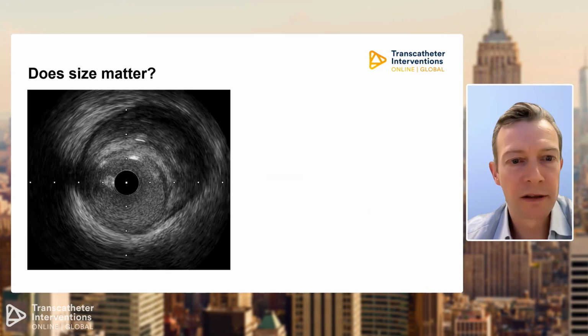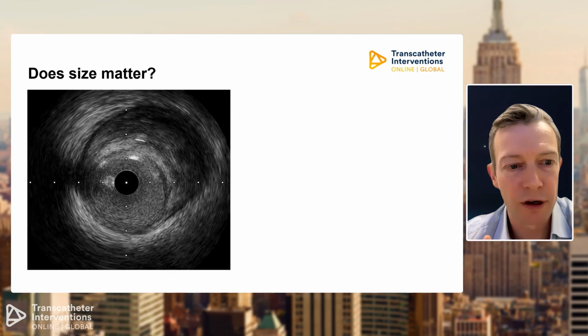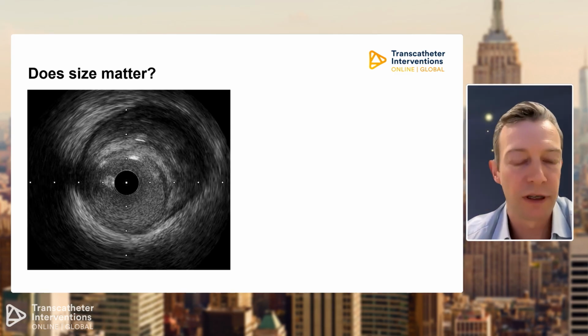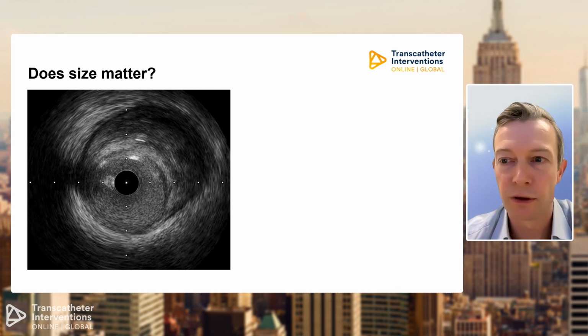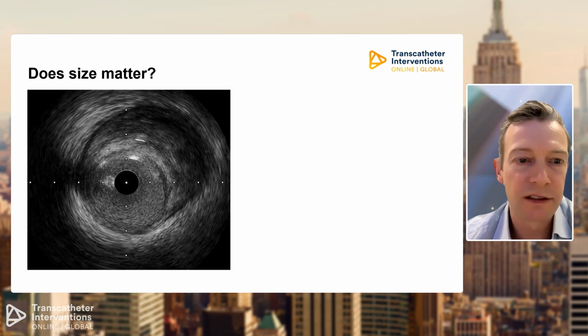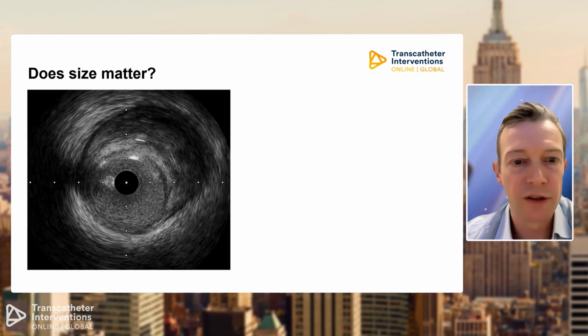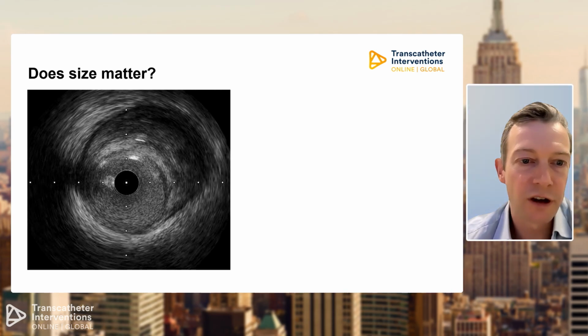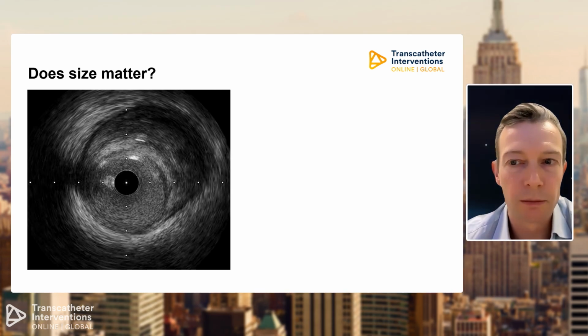Does size matter? This is a slide I want to show you because I think this is one of the things that is really readily available in all the imaging cases you do within your present cath lab, and it also shows you the clear difference between IVUS and OCT to guide your PCI. Whereas OCT gives you a higher resolution, IVUS gives you the visualization not just of the lumen, but also of the vessel border, which allows you to assess the size of the plaque.